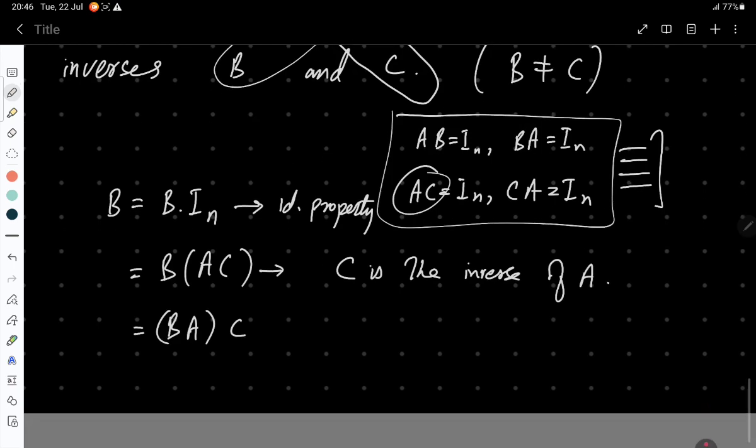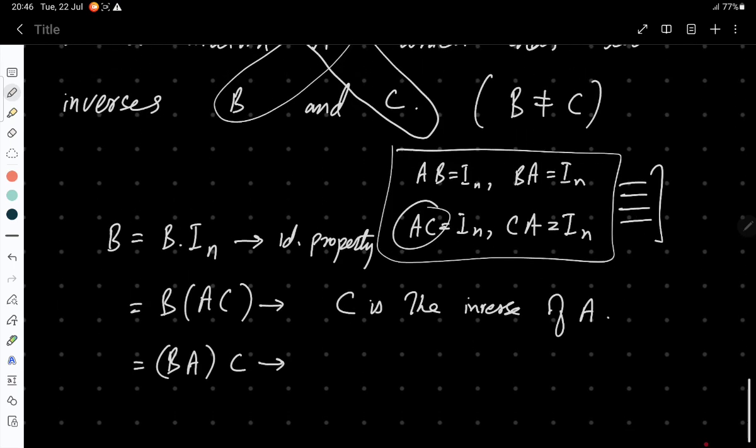Here I have assumed the matrix multiplication associative property with respect to multiplication.